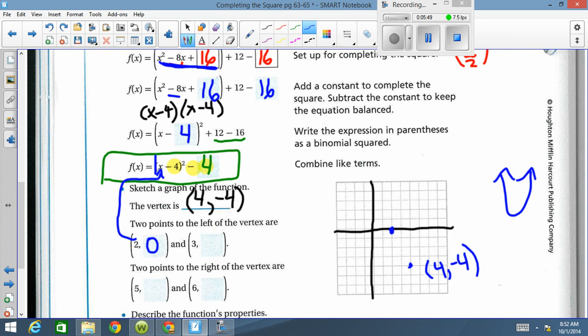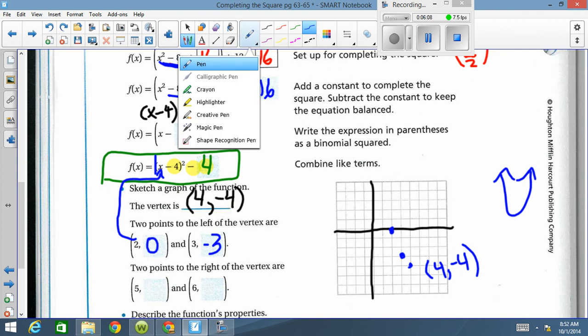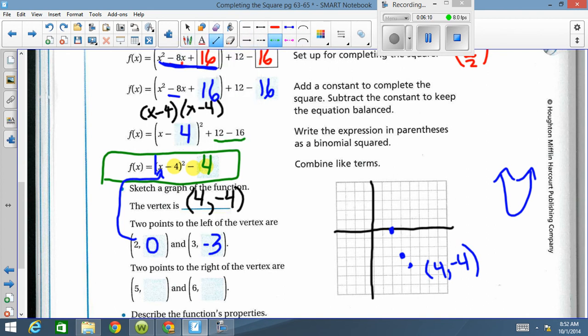And if I plug in 3, 3 minus 4 is negative 1. Negative 1 squared is 1. 1 minus 4 is a negative 3. That wasn't too bad to do just in my head. So to the right 3 and down 3. Now because of where my vertex is, we have an axis of symmetry that goes through that vertex.